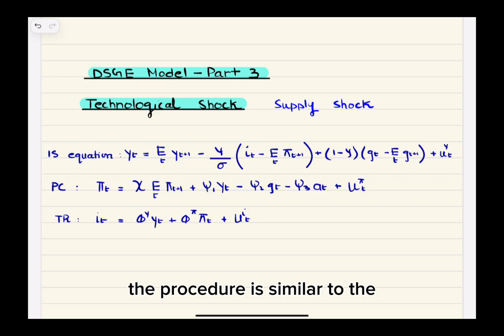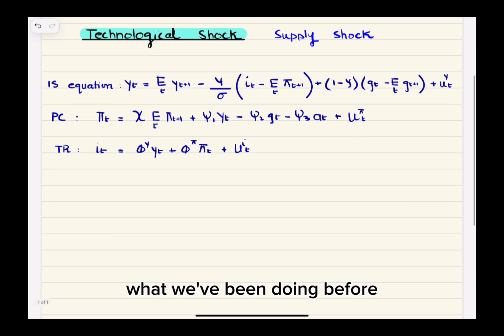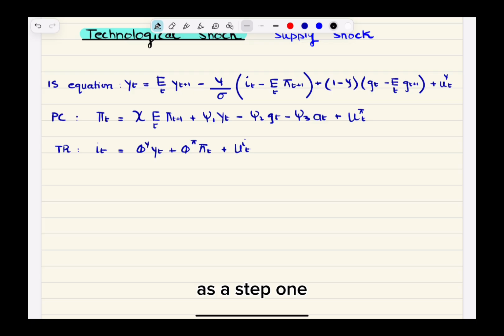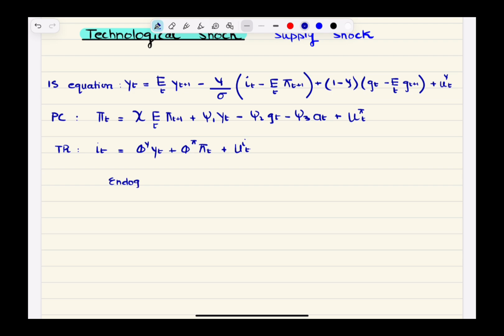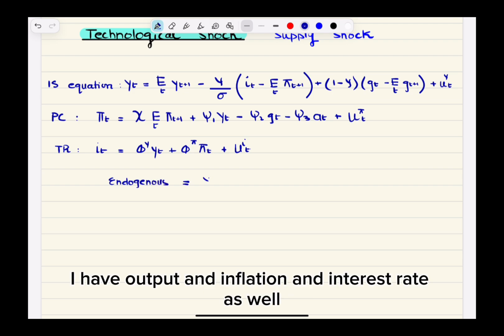Okay, again the procedure is similar to what we've been doing before. As a step 1, we're going to identify the endogenous variables. In this case, we have output and inflation and interest rate as well.